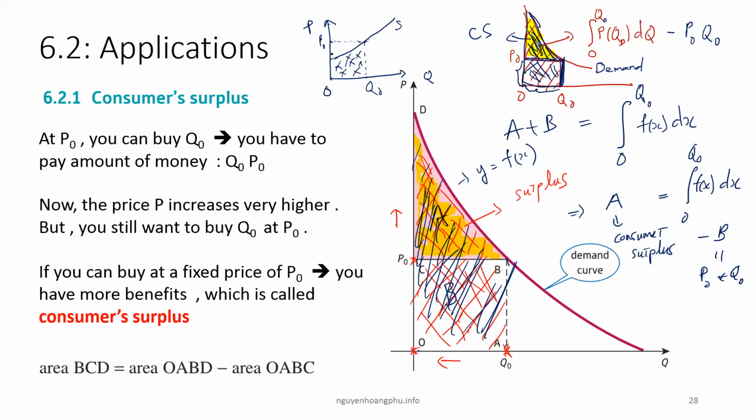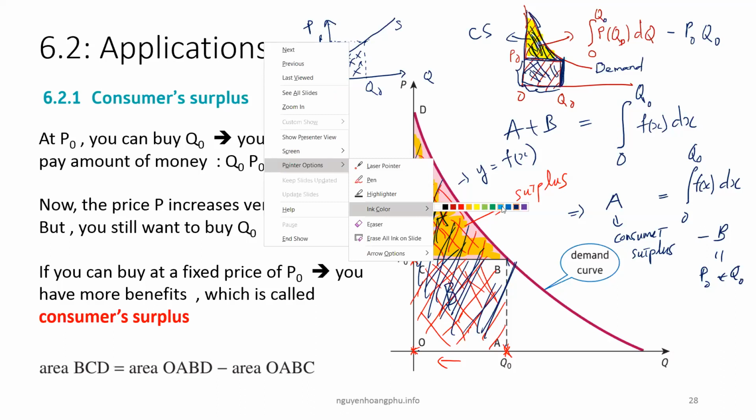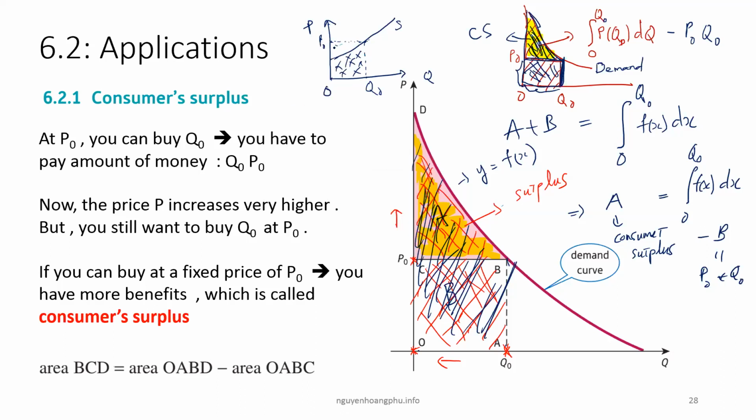Thì như vậy nếu như mà người ta vẫn bán được cái P0 thì lúc này thì cái phần lệch này chính là producer surplus. Producer surplus. Okay.